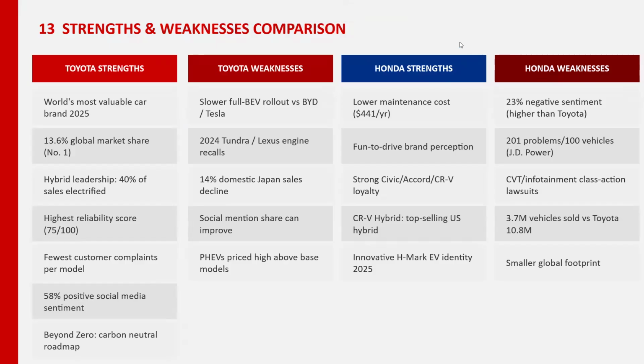Now, strengths and weaknesses comparison. Let's summarize the strengths and weaknesses for both brands in a structured way. Toyota's strengths are well established. It is the world's most valuable car brand, holds the number one global market share position, leads in hybrid and electrified vehicles, earns the highest reliability score amongst mainstream automakers, generates the fewest owner complaints per model, and benefits from 58% positive social media sentiment.